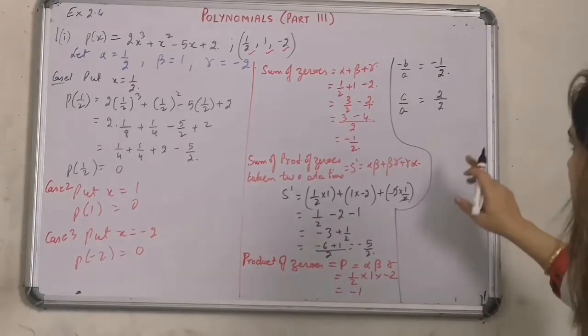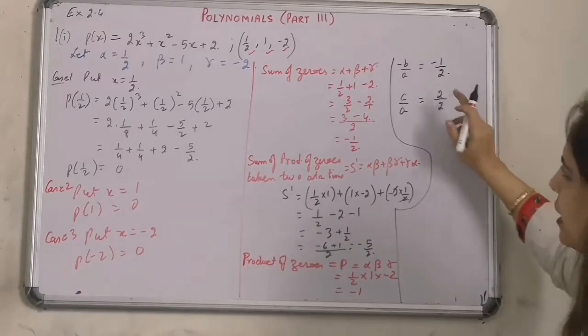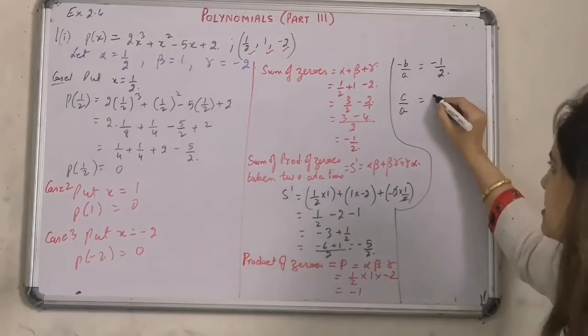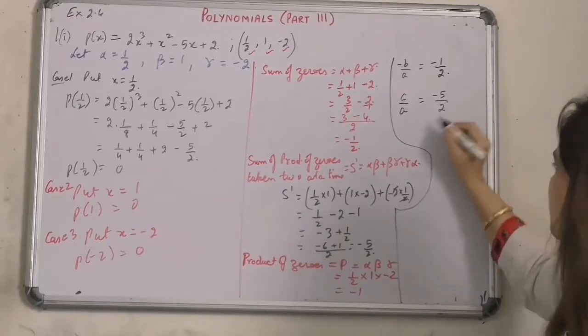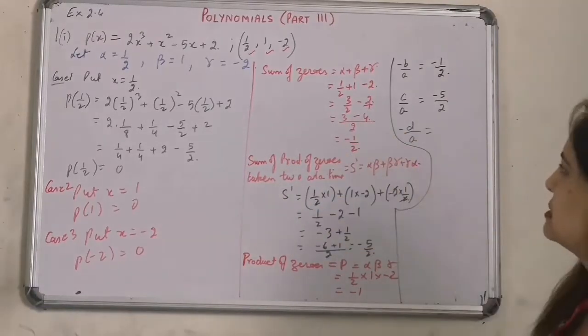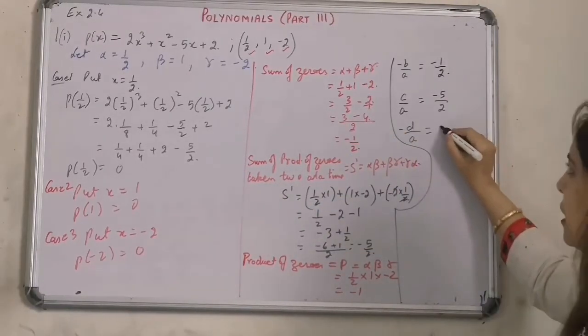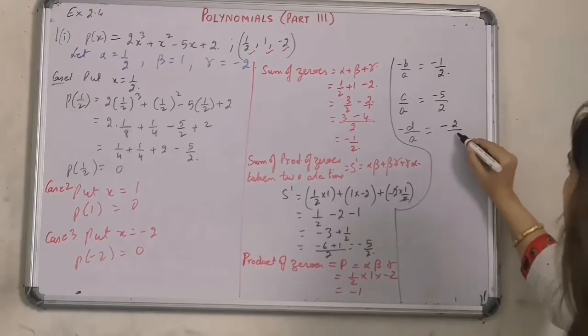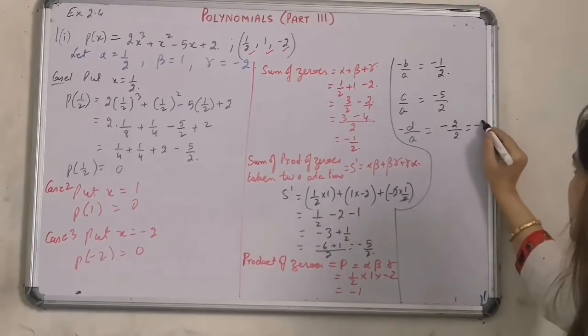This is minus 5 upon 2. Then we are supposed to take out minus d upon a. Minus d upon a means minus of the constant term upon the coefficient of x cube, that is 2. This turns out to be minus 1.